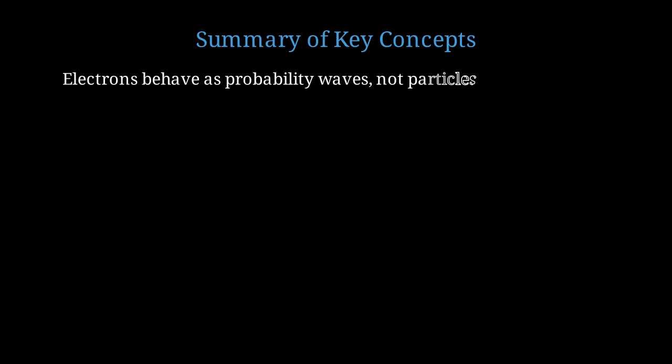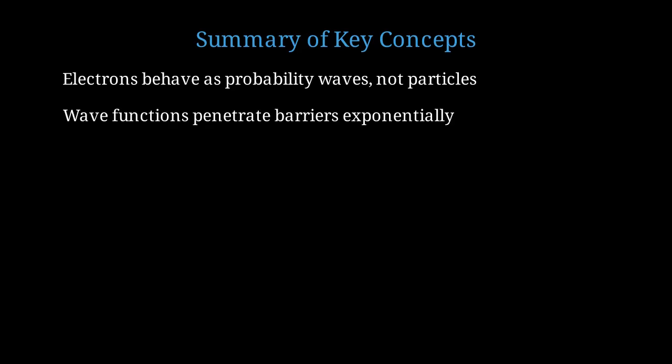Let's summarize the key concepts we've explored about quantum tunneling. First, electrons behave as probability waves, described by the wave function, not as classical particles. Second, these wave functions can penetrate into and through classically forbidden barrier regions, with exponential decay.